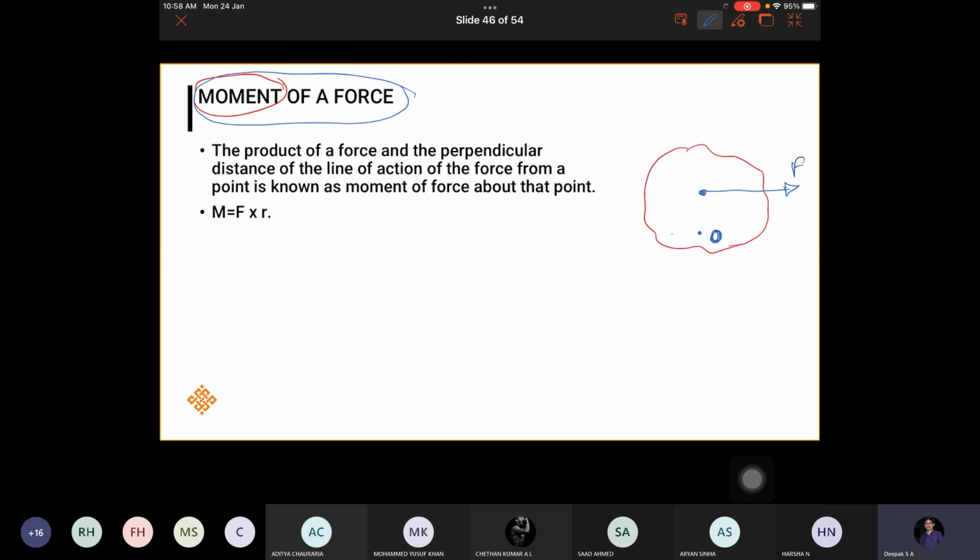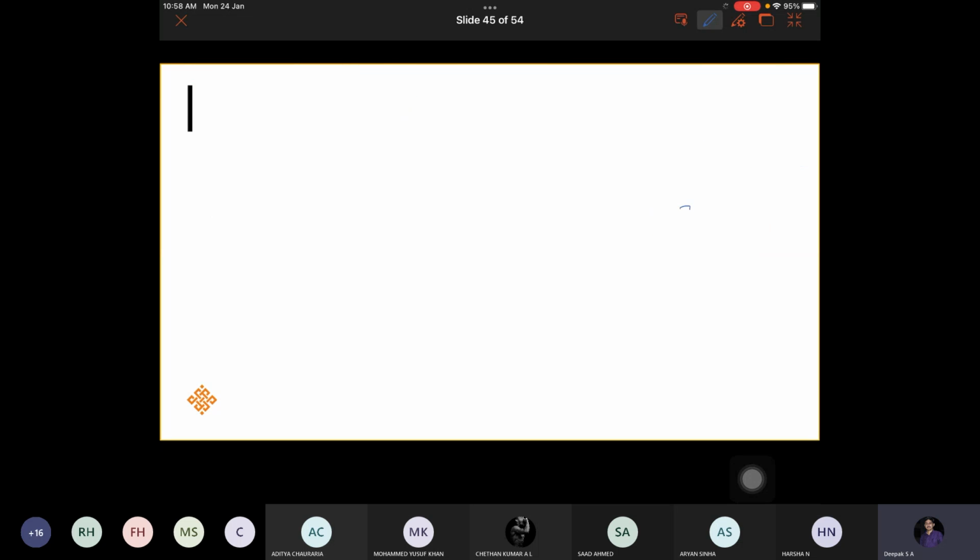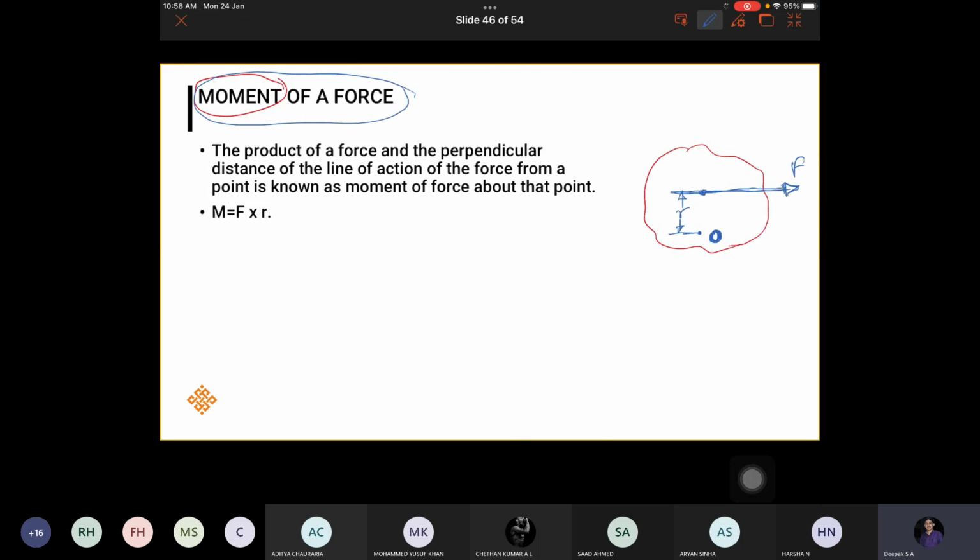If they ask, then you have to see what is the perpendicular distance between the point O and the line of action of the force. That is R.